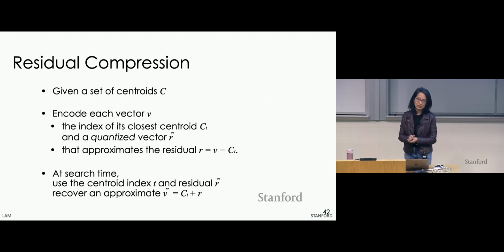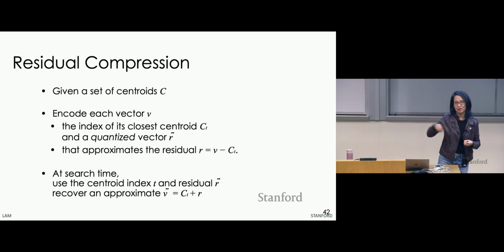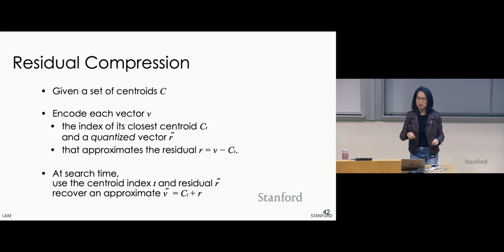So the concept is to do residual compression. First of all, you find a set of centroids. You've got the embeddings, and they distribute them. You've got all these centroids. So if I have a particular vector that I want to represent, I figure out what is its closest centroid, and I represent the vector by saying this centroid plus a delta, okay?